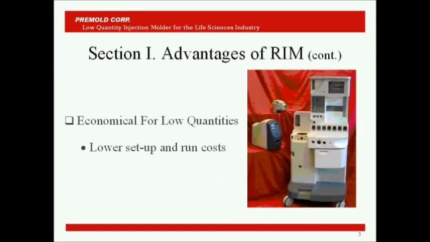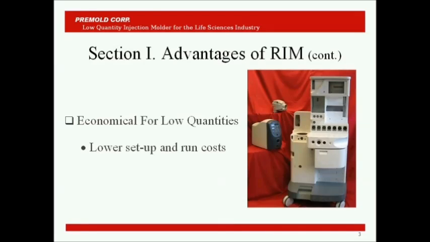RIM is economical for low-quantity molding because tooling setup and run costs are lower. Molding temperatures and pressures in the RIM process are much lower than high-pressure injection molding. Maximum mold temperatures of 180 degrees Fahrenheit and process pressures of 50 psi are typical.